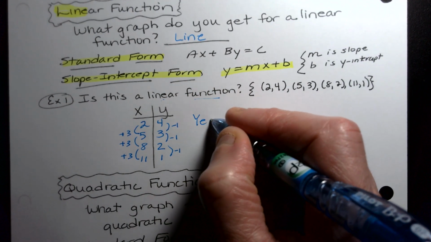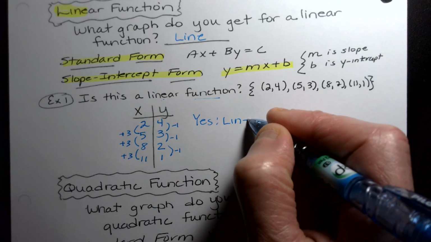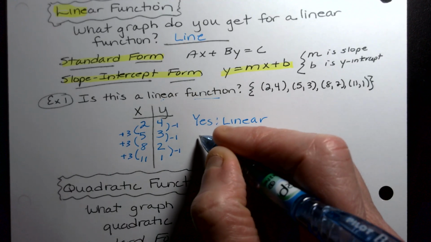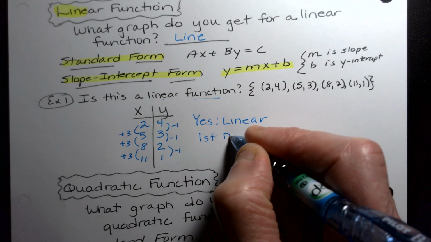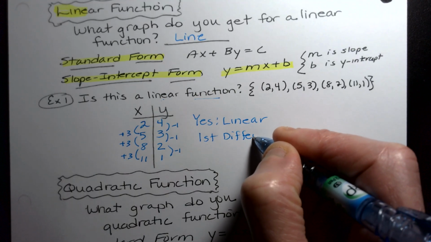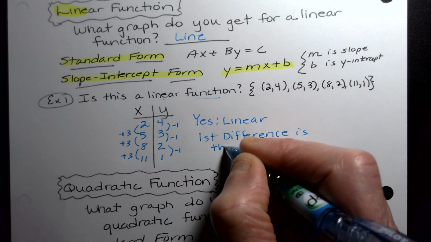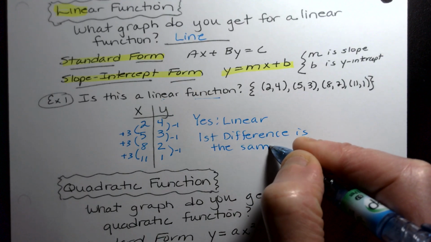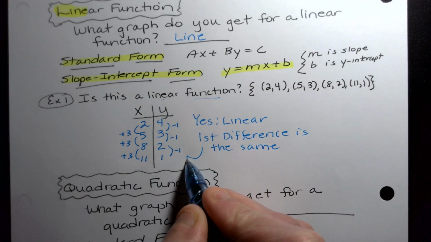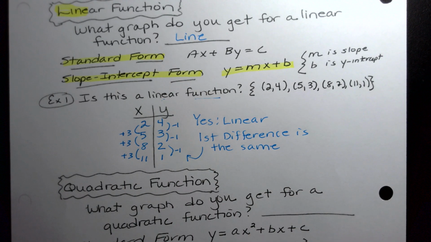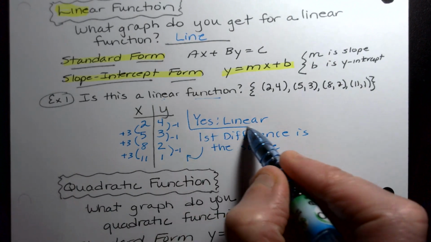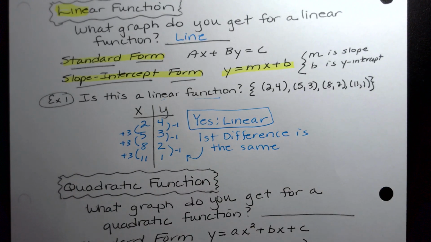Yes, it is linear because the first difference is the same. That is called the first difference. So that is all review. We have done that before, and we spent a lot of time on that kind of stuff.